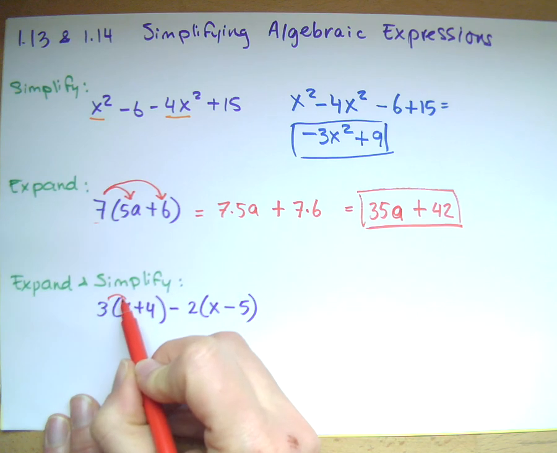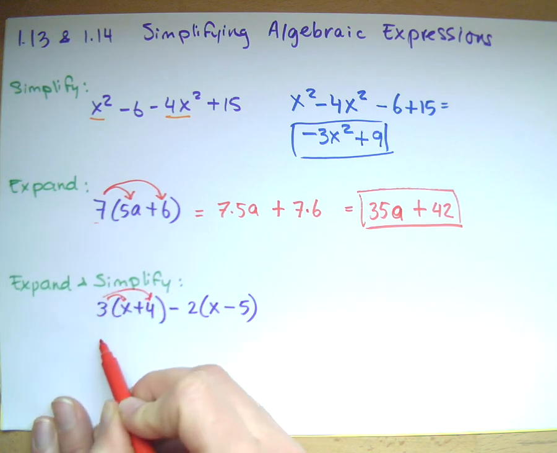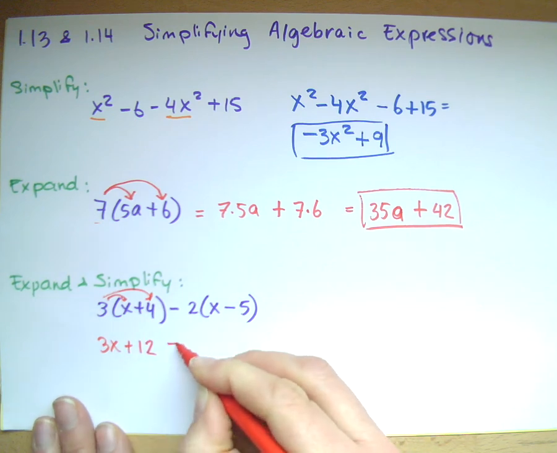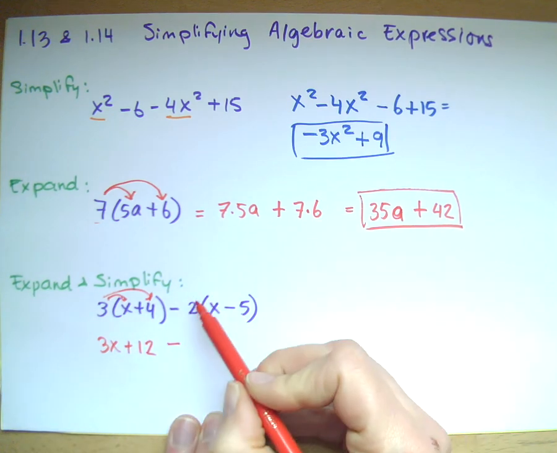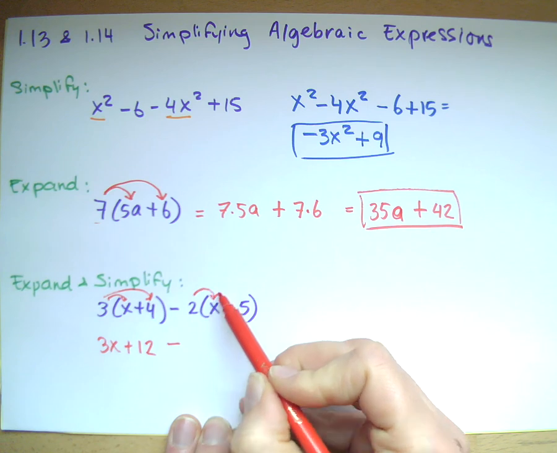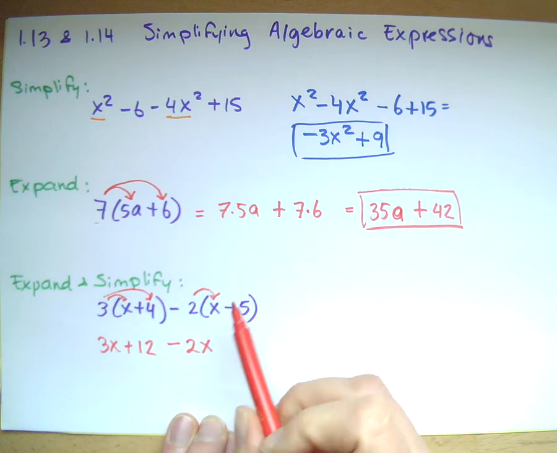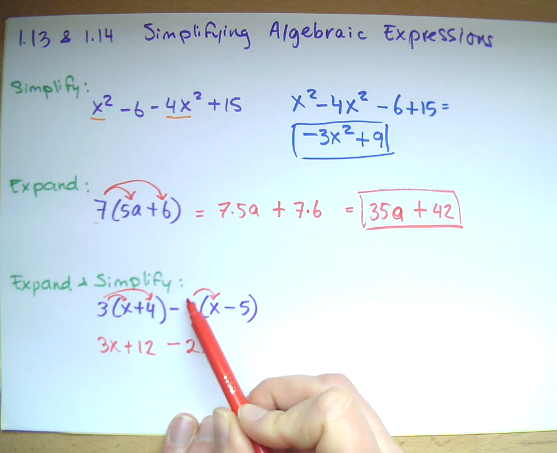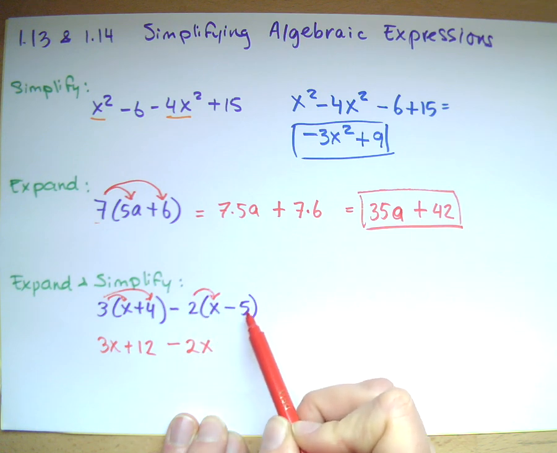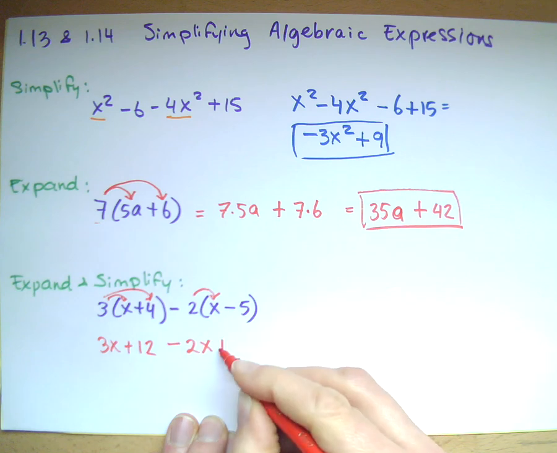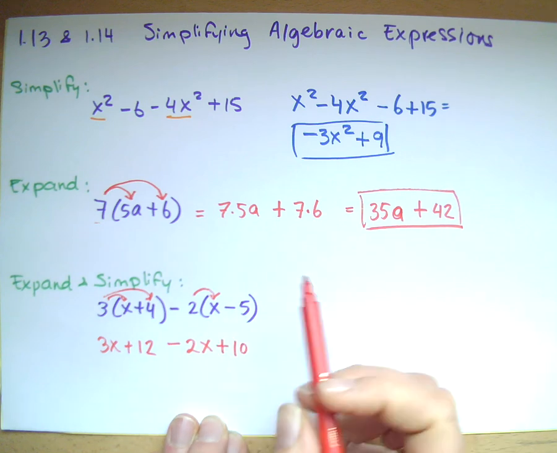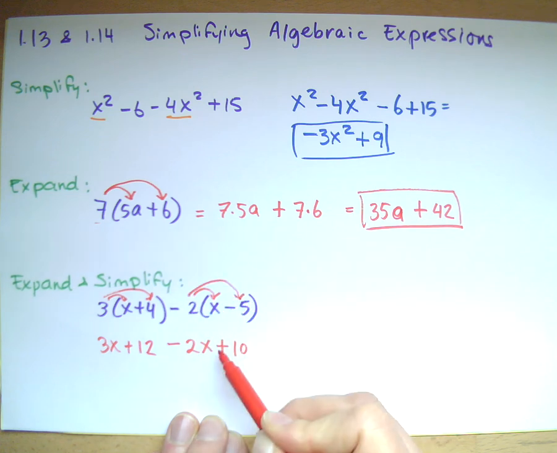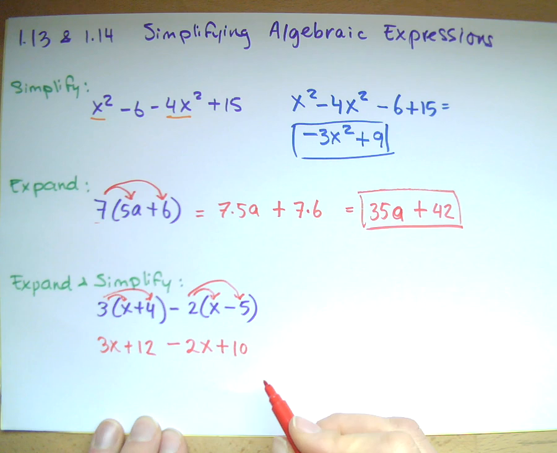First, expansion, right? 3x plus 3 times 4 is 12, minus 2 times x minus 2 times negative 5, which is positive 10. And negative 2 times a negative 5 is a positive 10, right?